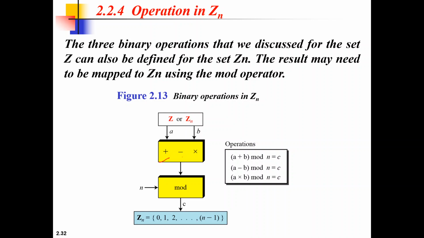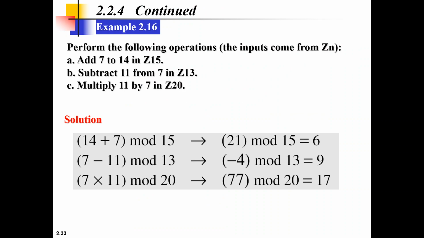You have Zn, you give two values, you do a mod operation with n, and whatever answer you get should belong to that particular set. That means if I am writing Z6, I'll make sure that whatever answer I get has a value from 0 to 5, not more. Two numbers can be added and then mod taken, two numbers can be subtracted, two numbers can be multiplied.